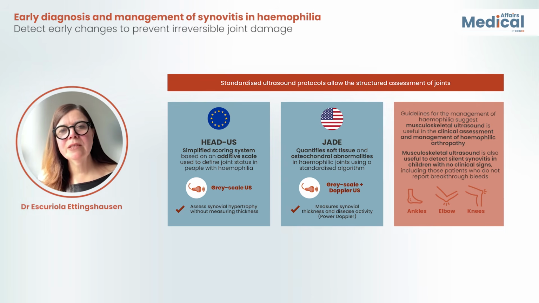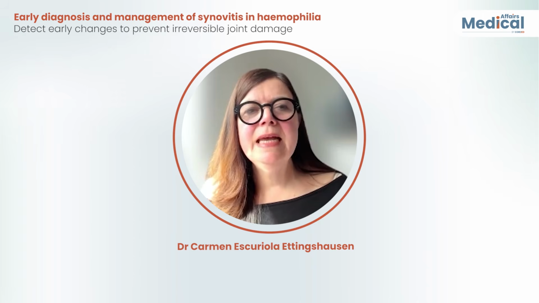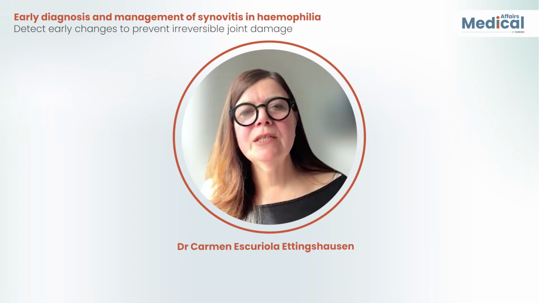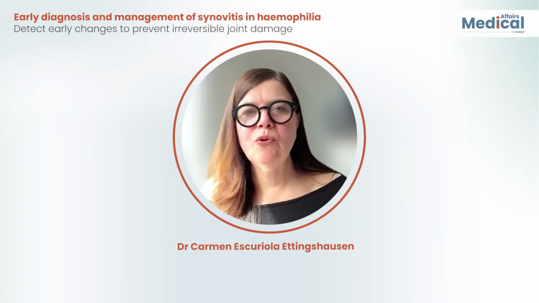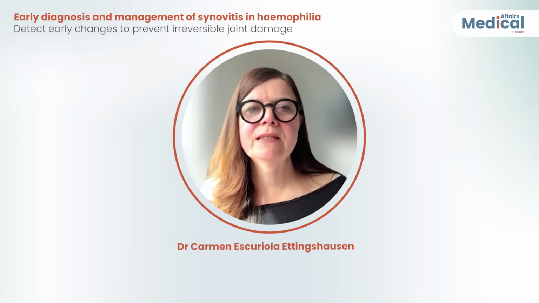It is also considered useful to detect silent synovitis in children with no clinical signs, including those patients who do not report breakthrough bleeds. Incorporating ultrasound into routine follow-up enables earlier identification of subclinical synovitis and supports timely clinical decisions.